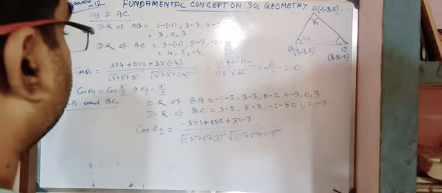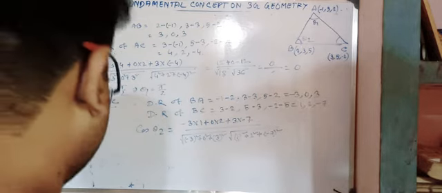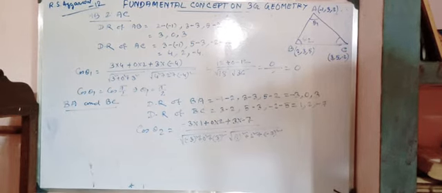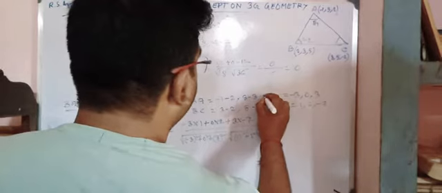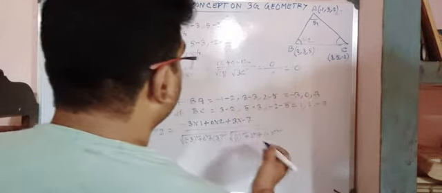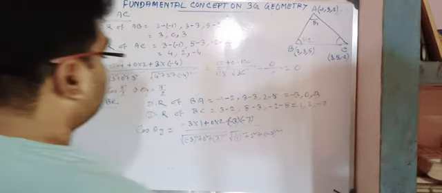This is 2 minus 5. That means here minus 3 comes, so here also minus 3 comes. Minus 3 and minus 7. Understood?